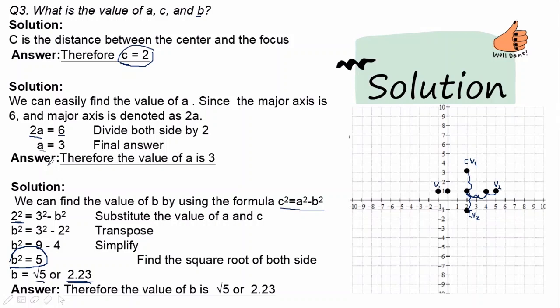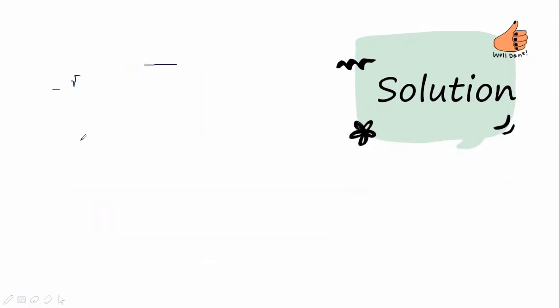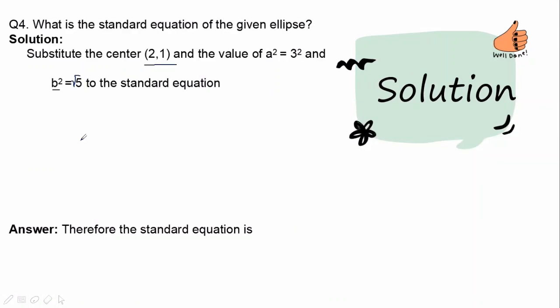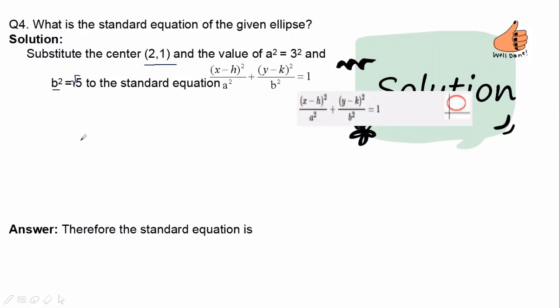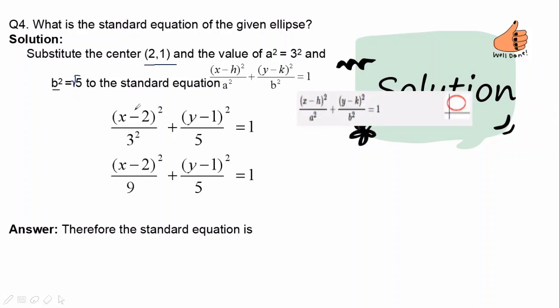Okay, so a square, so our a is 3, then the square. Sorry for that. Okay, so let's substitute, going back. Our center is 2, so we will just copy. Since 2 is positive, we will just copy 2.